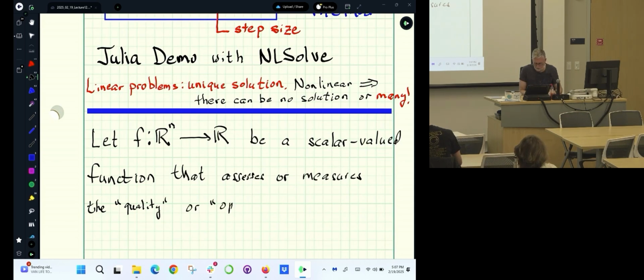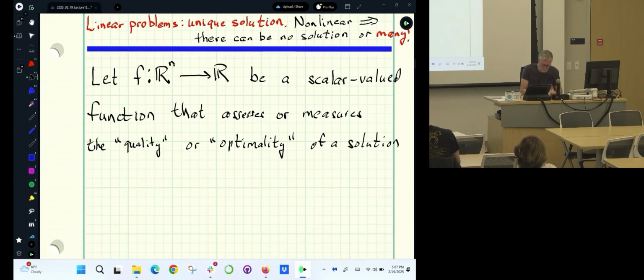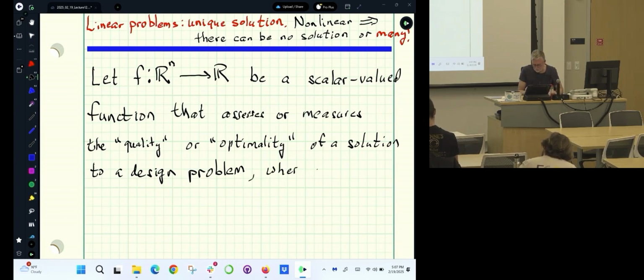We also call it optimality. Of a solution to a design problem. Where x in Rn parameterizes potential solutions to the problem.